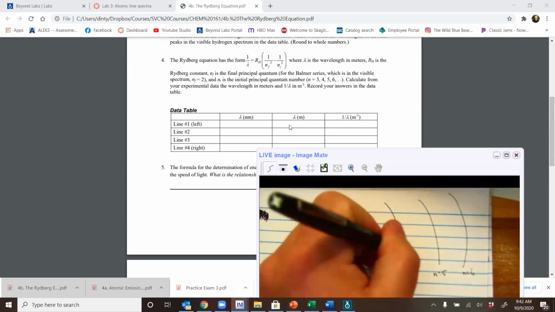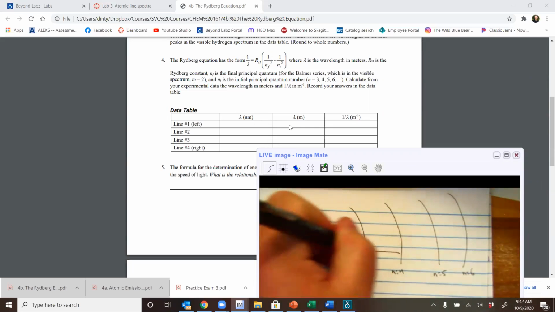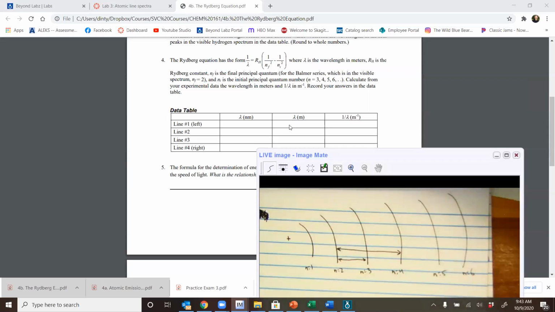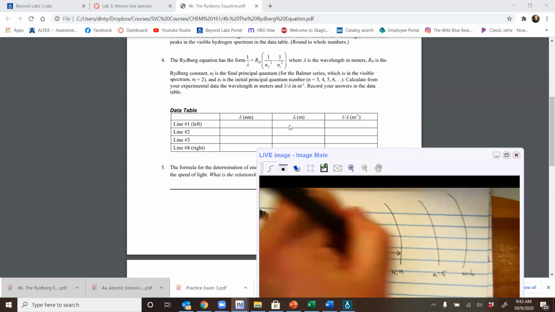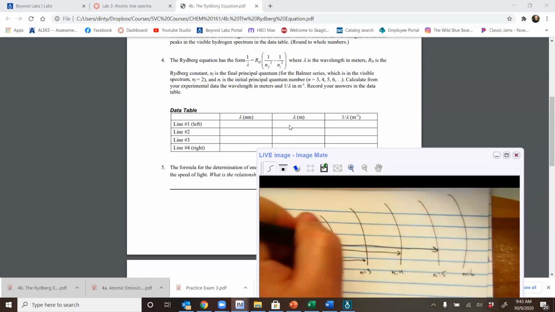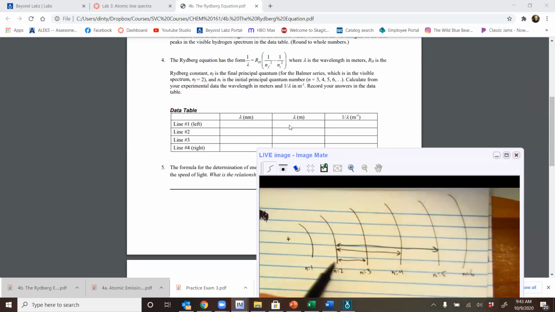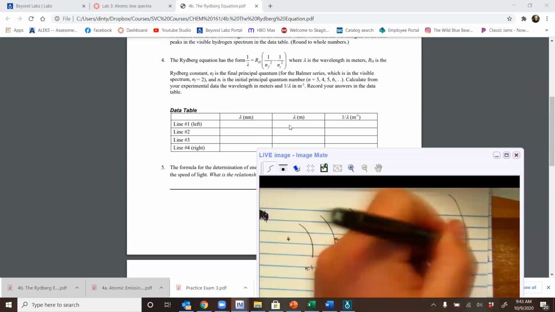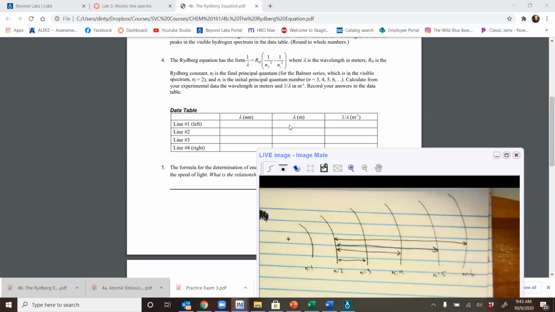So it would make sense that if an electron fell from n equals 4 to n equals 2, that electron would release more energy because there's a larger difference between those 2 shells. An even larger energy difference exists between n equals 5 and n equals 2, and an even bigger energy difference than that exists between n equals 6 and n equals 2.